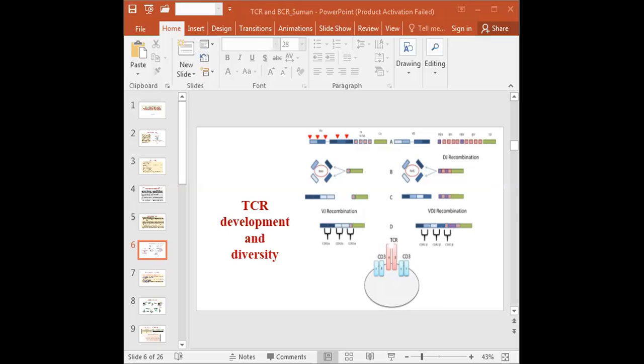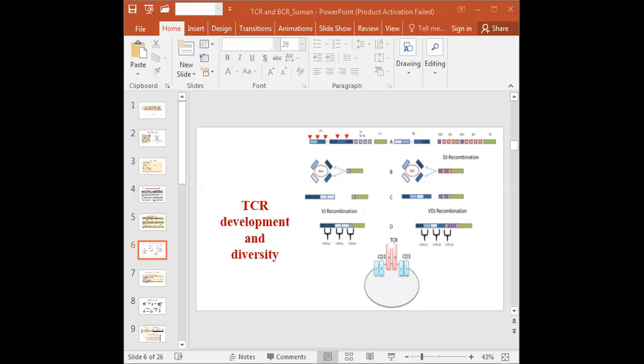The ultimate goal of the recombination process is diversity among the CDRs. CDRs are the antigen binding section of TCRs, and diverse recognition capability leads to efficient protection against pathogens and the generation of optimal immune responses.